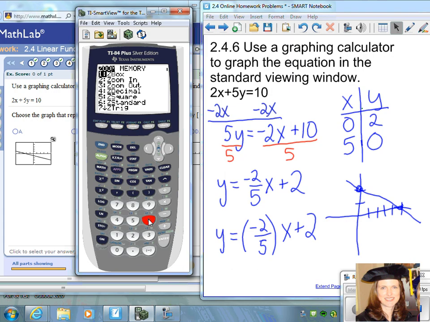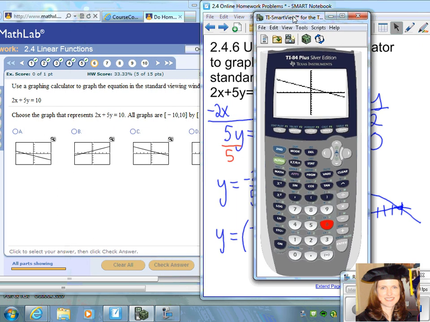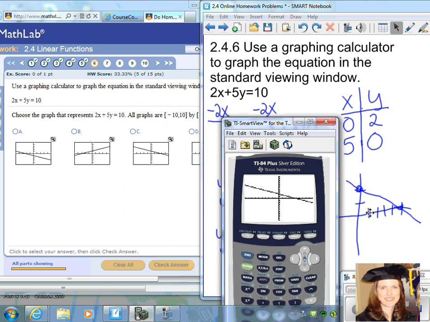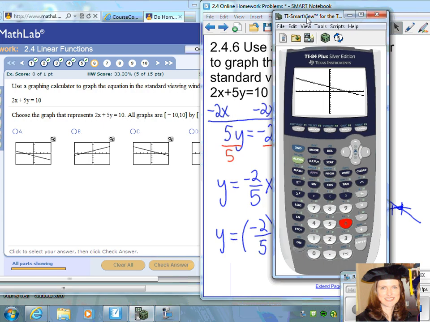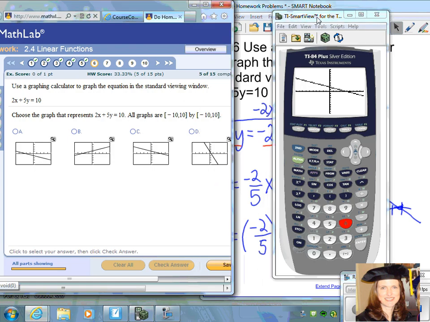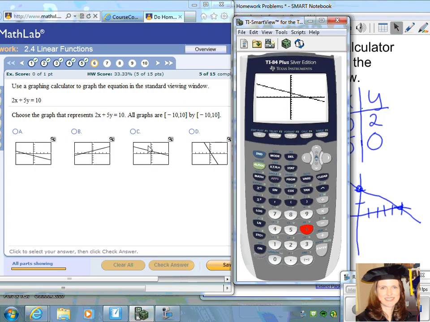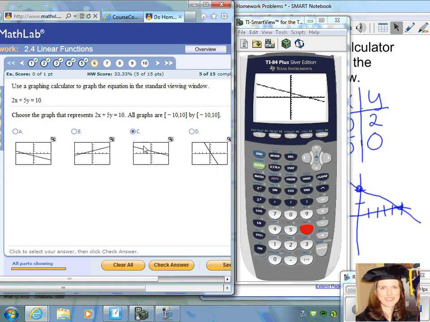When I type in 6, it sets up my window to have a standard viewing window, which means it goes from negative 10 to positive 10 on the x-axis, negative 10 to positive 10 on the y-axis. When we compare this screen to my graph, you can see it's pretty close, definitely a lot neater than mine. Now also when we compare it to the choices on the homework, we can see that this one looks most like choice C.